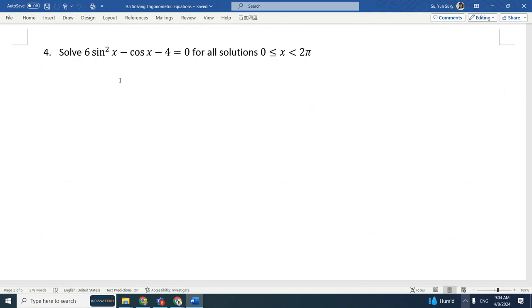Here there are 2 different types of trig functions, and we can reduce the number of types because we have sine squared, but you know sine and cosine are related.